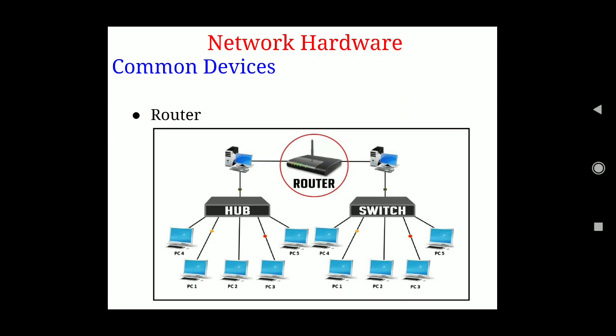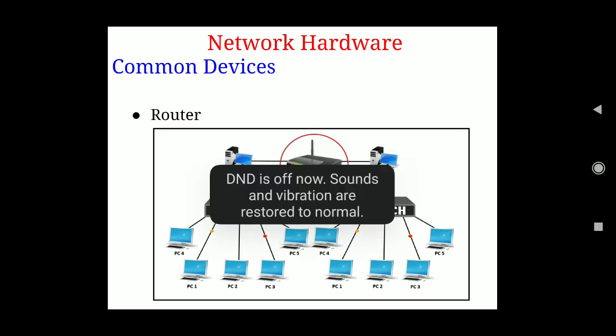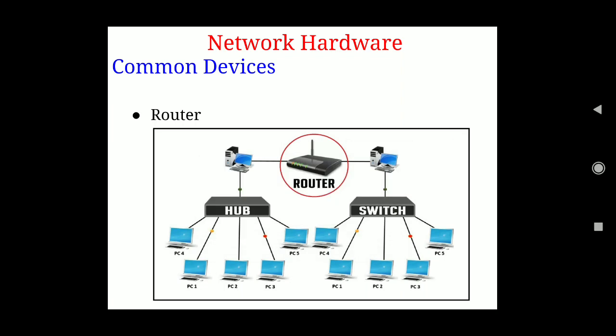So a router is a device. For example, imagine one signal coming from the top, and the router diverts the incoming signal either to the network on the left part, which is the hub network, or the right part, which is the switch network.